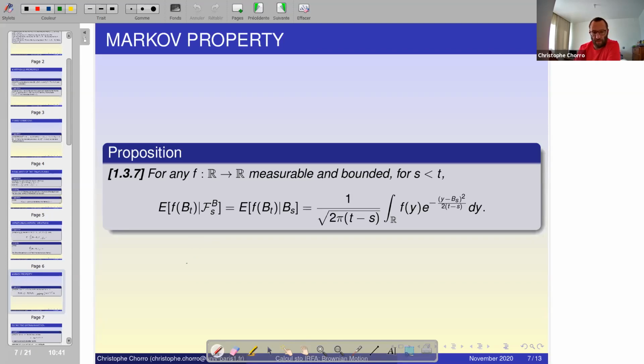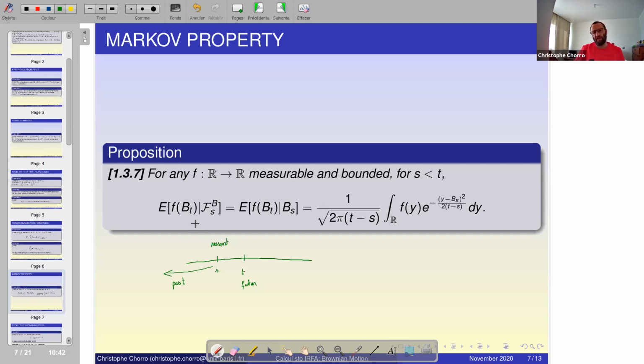Suppose you have the time axis, with t and s. For me, s is the present date, and t represents a future date. All that I have before s is what we call the past. So what is the meaning of this proposition?